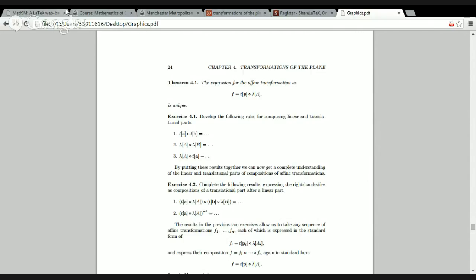So that's this translation by p after multiplication by A, after translation by p, after multiplication by A. So using the results of the previous exercises, we know that we can pull this middle translation through that matrix here.